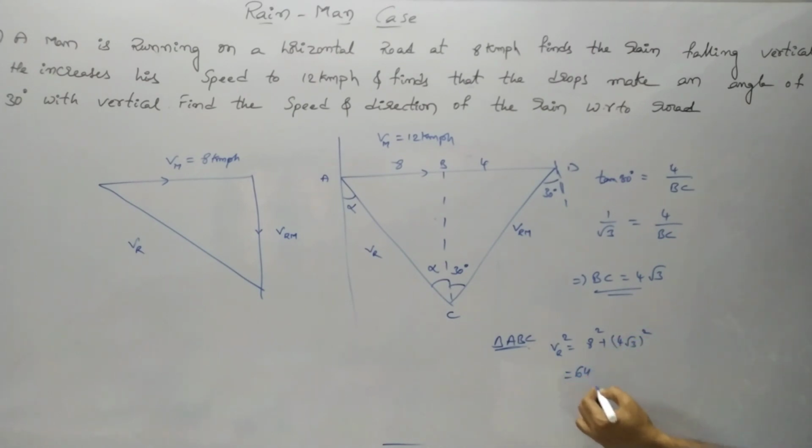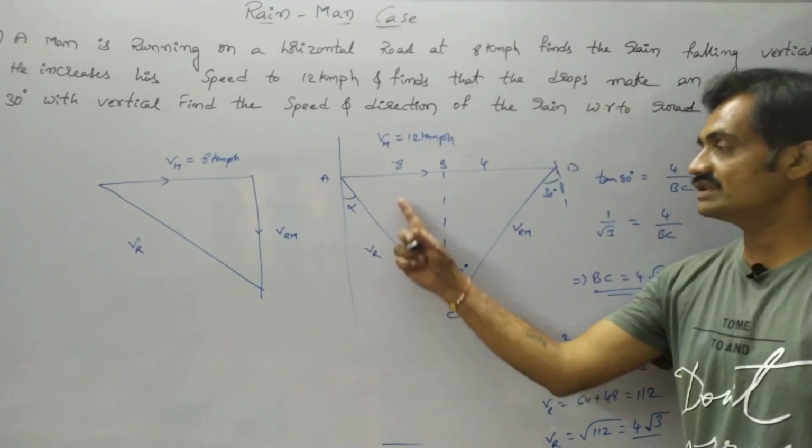So we get 64 plus 4 square, which is 16, into 3, which is 48. So VR square equals 64 plus 48, which is 112. So VR equals under root of 112, which is nothing but 4 root 7. So the velocity of the rain with respect to ground is 4 root 7.